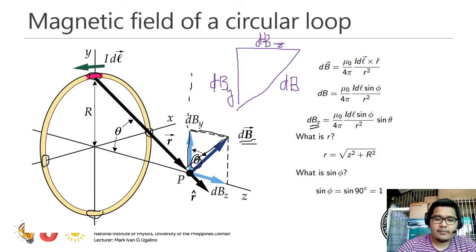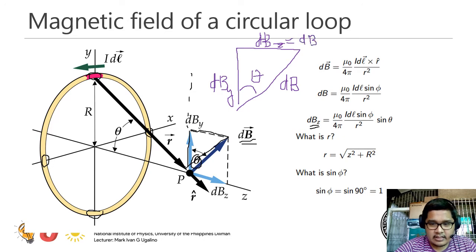Since we defined theta to be this angle, we can say that dBz is just equal to dB sine theta, since sine theta is defined as opposite over hypotenuse.